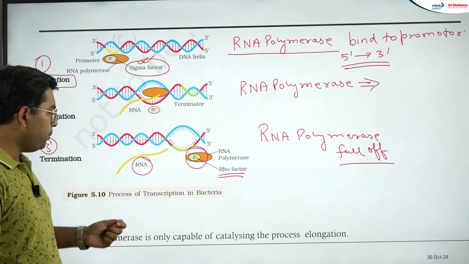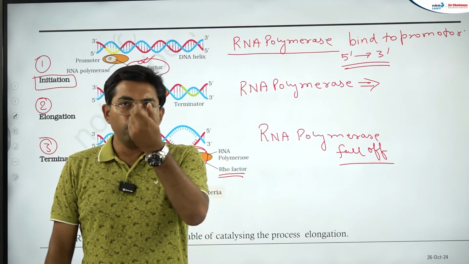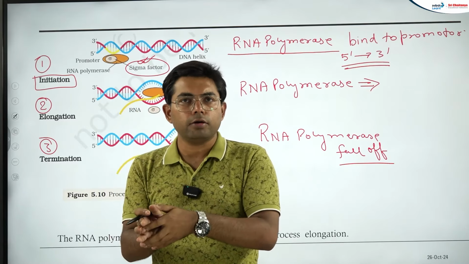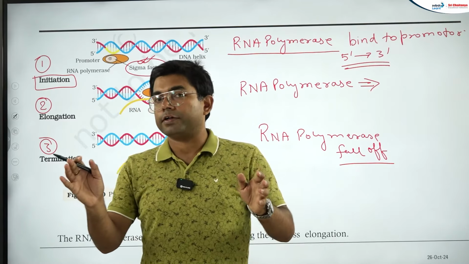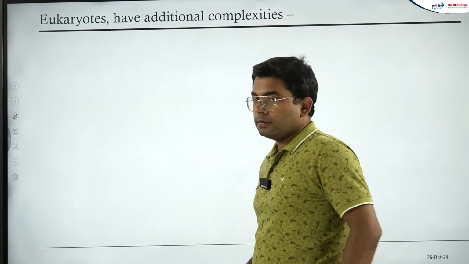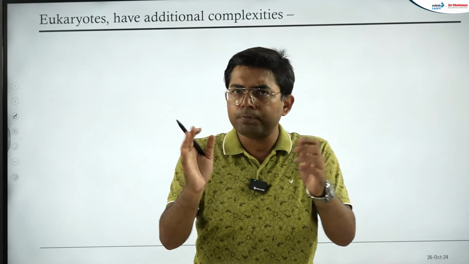Now if we compare this process in eukaryotes and prokaryotes, there will be some differences. In the case of eukaryotes, there is an additional complication. Now let's understand that complication.